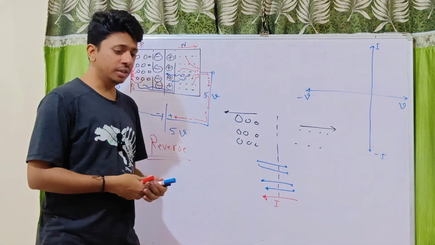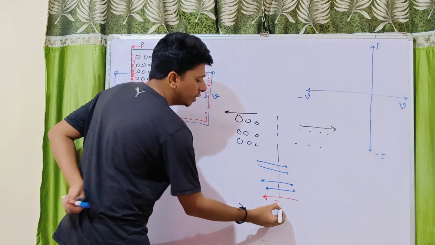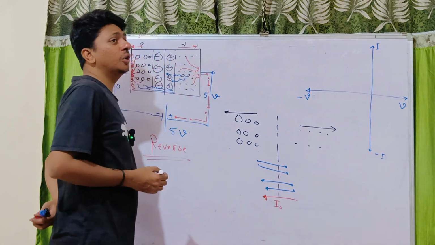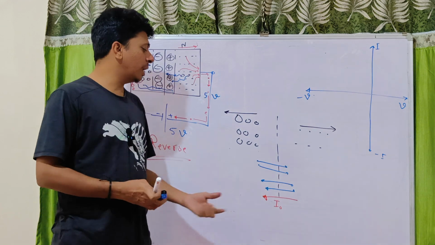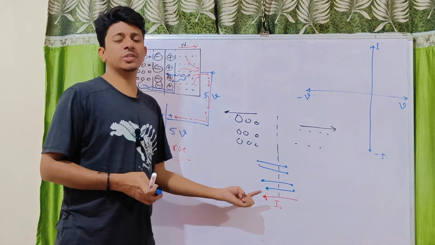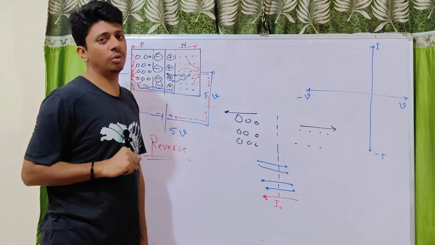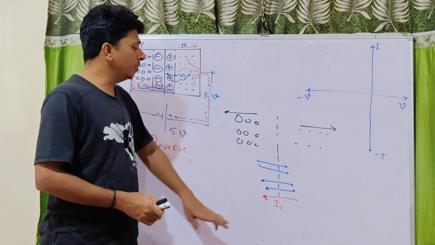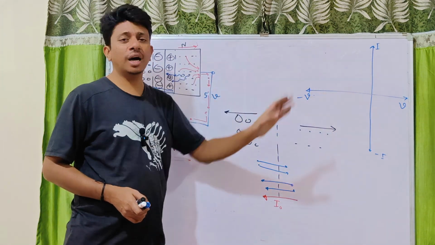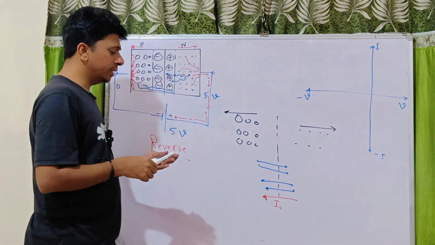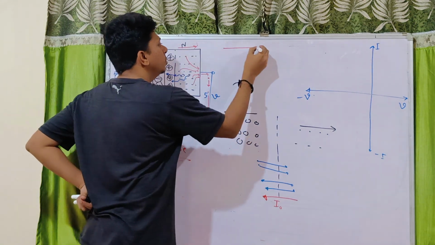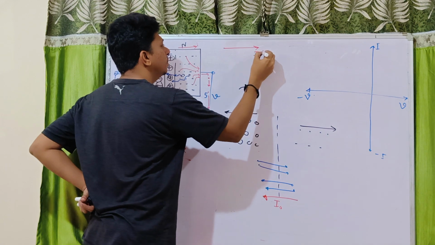So these are called minority carriers, and that is why it is denoted by the term I naught. This is called the minority carrier concentration current, and the magnitude of this current is very small. Now, if we want to draw this on the IV curve, remember in forward bias we assumed this direction to be positive.